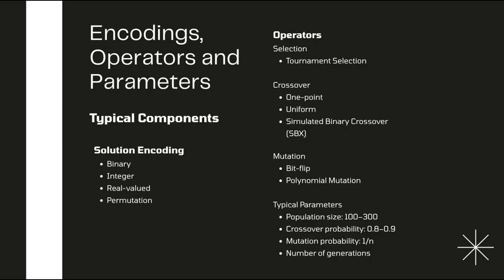Finally, the algorithm also requires some parameters such as the population size, the crossover probability, the mutation probability, and the number of generations. These components and parameters can be adjusted depending on the optimization problem.